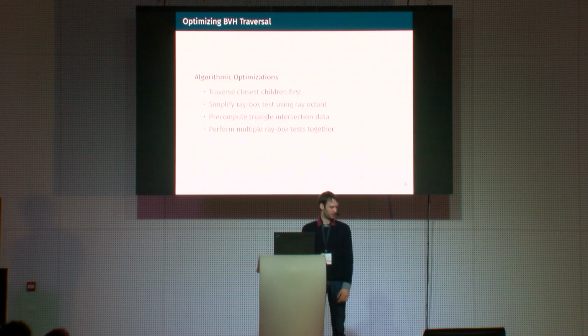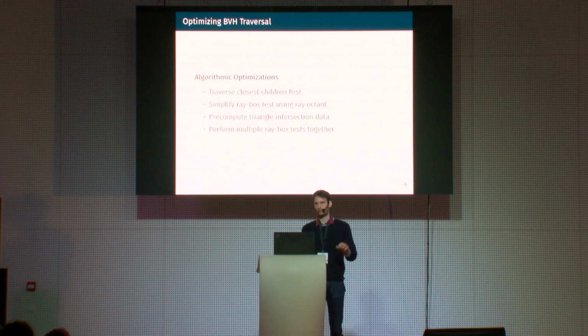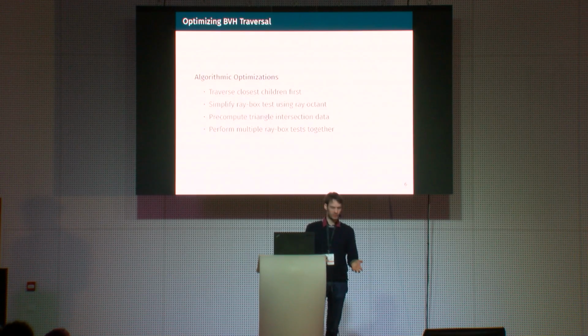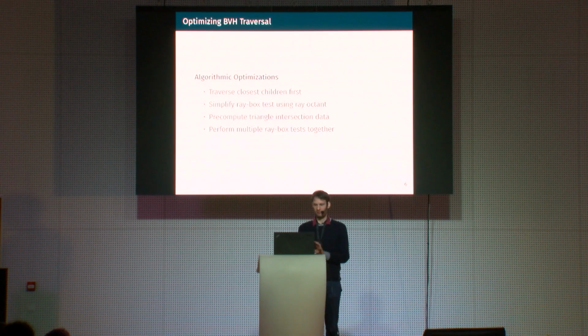And these, in this context, are in particular to have a good traversal order so that you don't traverse too many nodes in the tree. You also want to simplify your ray box intersections as much as you can. And you also want to pre-compute as much as possible for your intersection routines. So all these things have actually been applied in this renderer that we have for the course.